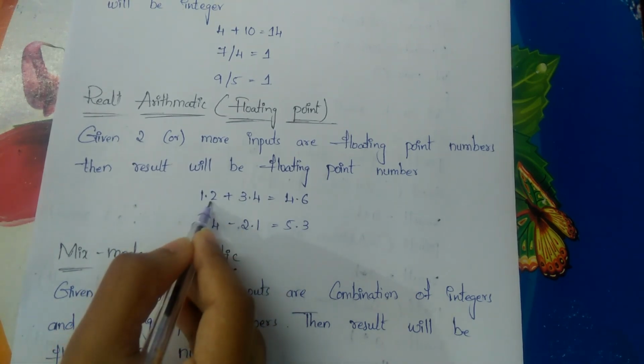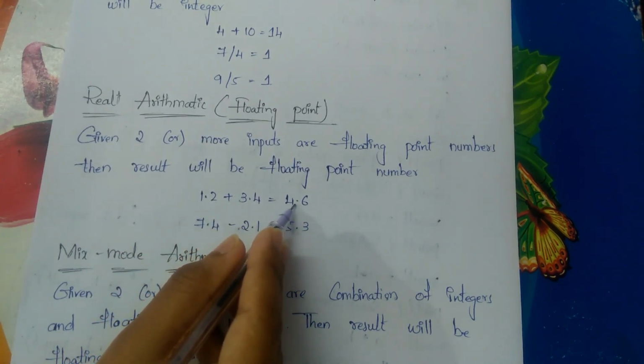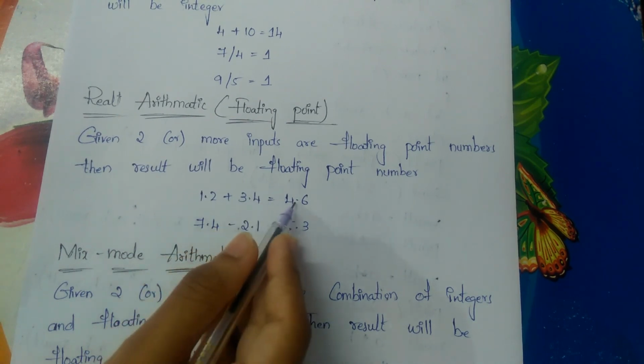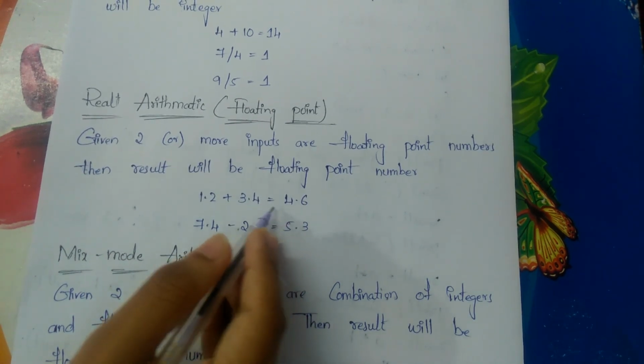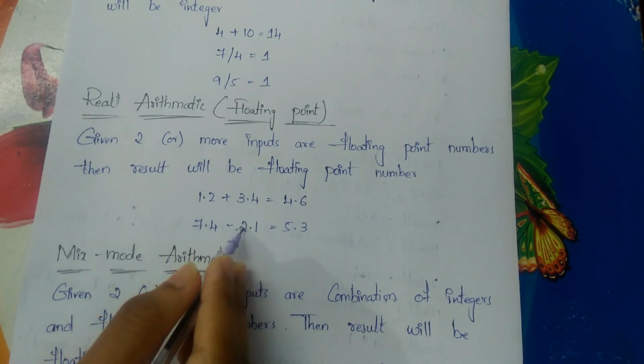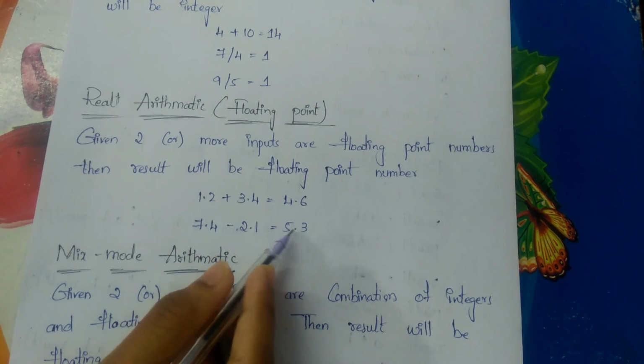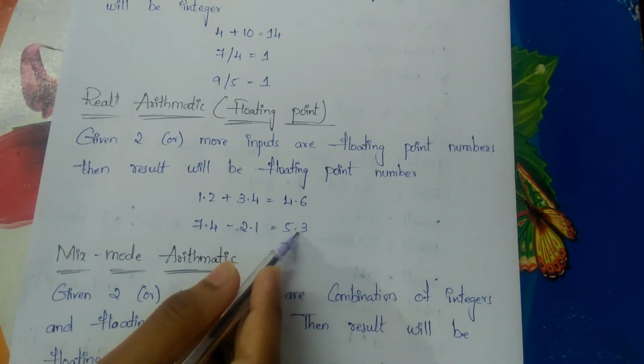These inputs are floating point numbers, so the result is also a floating point number. So 1.2 plus 3.4 is 4.6. And the second example is 3.4, a floating point number, minus 2.1, which is also a floating point number. So the result is also a floating point number.